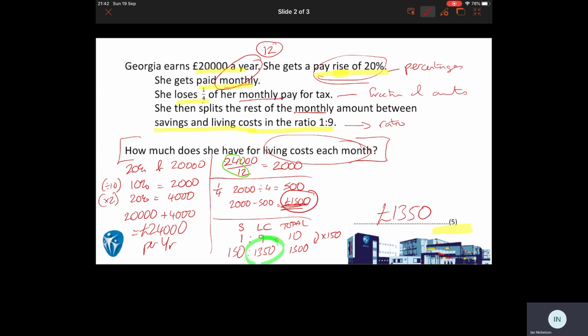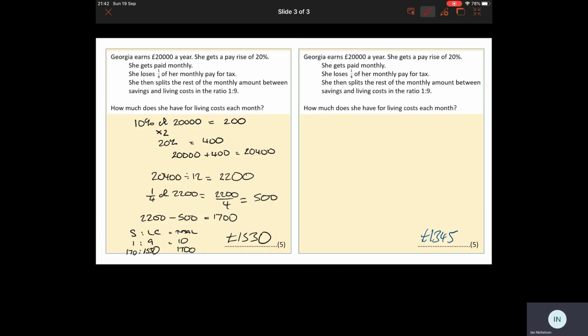If you were getting 2.4 million a month or £2 a month, then straight away there should be alarm bells ringing. That doesn't seem a sensible answer. So always check. I know with some questions it's not always easy, but with this, always check it seems a reasonable amount.